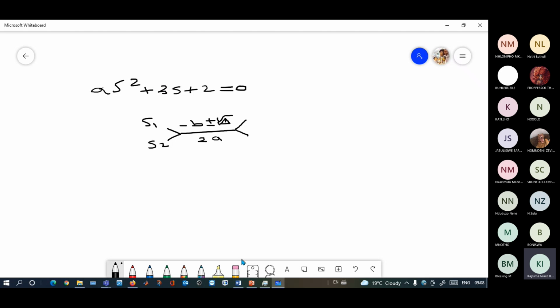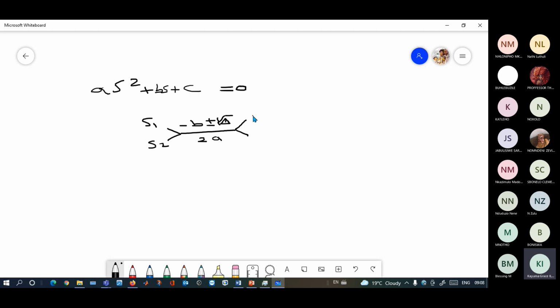Let me write it this way: a s squared plus bs plus c. This is how you can solve.